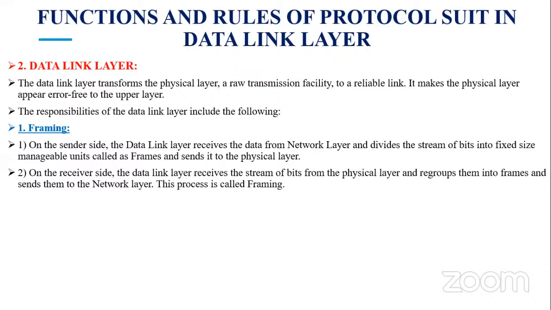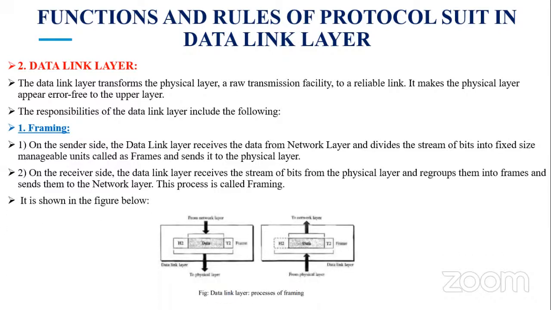The network layer converts those frames into packets, and the packets will be sent to the transport layer. The transport layer converts the packets into segments, and sends them to the session layer, and from the session layer to the presentation layer, and it will be called data only. Finally, that will reach the application layer.